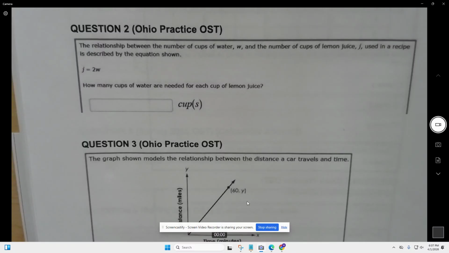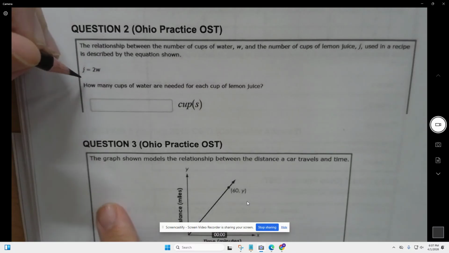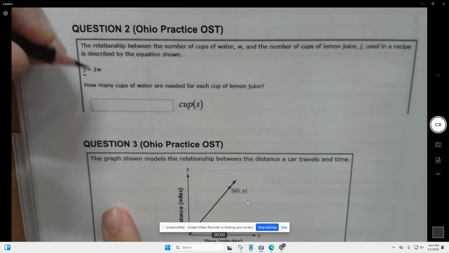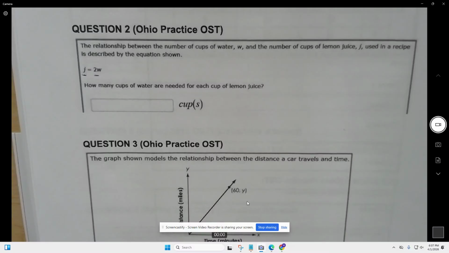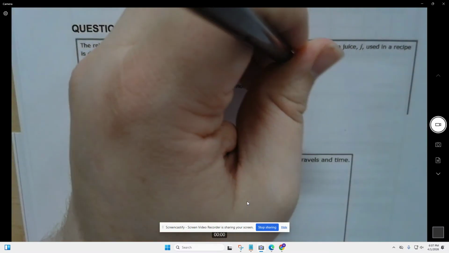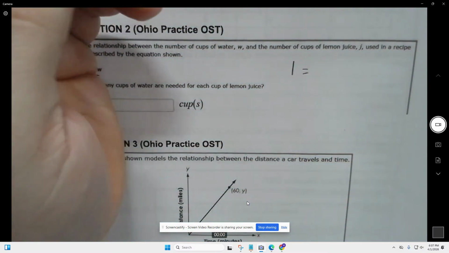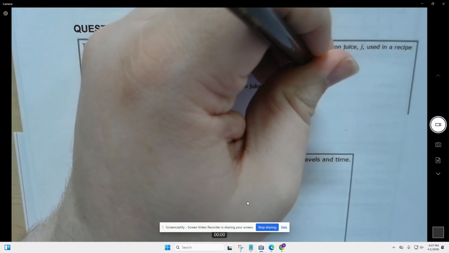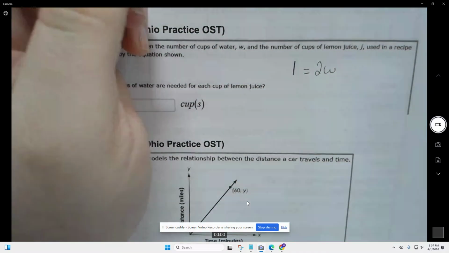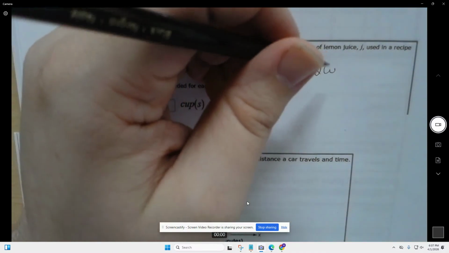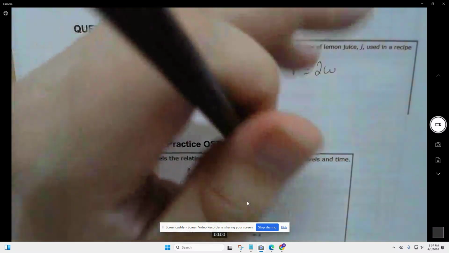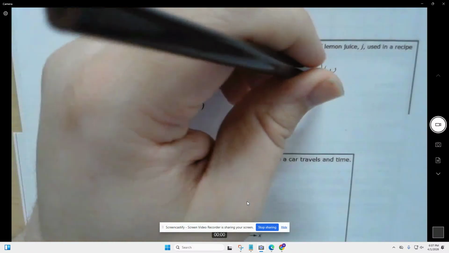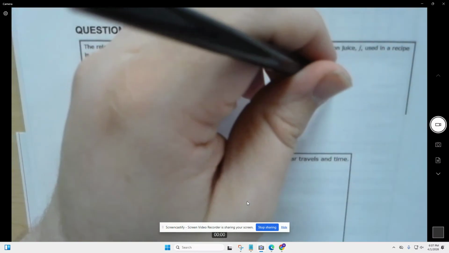Because they want you to look at this and say, okay, 1 J, 2 W, the answer is 2. It's not. Because if you put in 1 for J, for 1 cup of lemon juice, you get 1 equals 2W. 1 equals twice W. To get W by itself, which again, if you need review on this, I would check the EE standards, 7.EE.1, EE.2, EE.3.